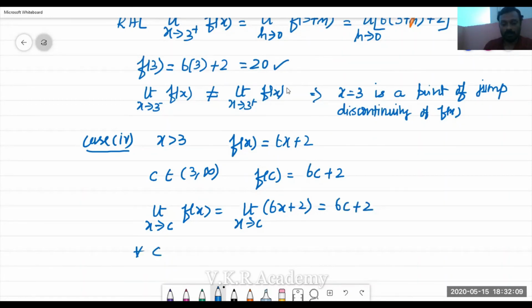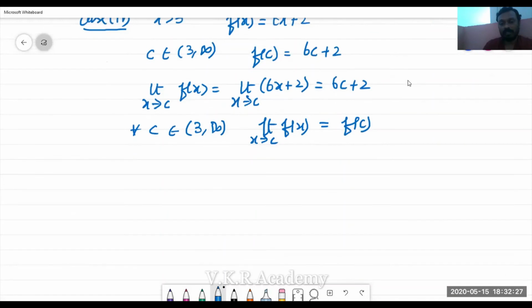So for all c in the interval 3 to infinity, limit x tends to c, f of x exists and is equal to f of c. So this implies f of x is continuous for all x greater than 3.